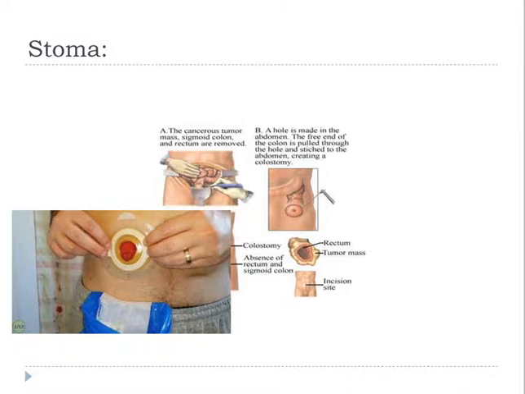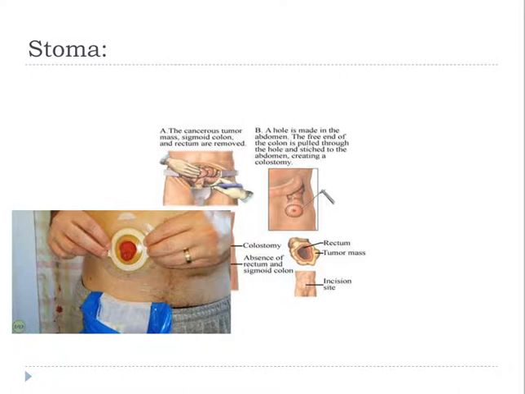The amount of output depends on the patient and the location of the ostomy. Obviously, the further along in the digestive tract, the more moisture is removed, and so you'll have a smaller output typically. And then, yeah, it should look nice in a beefy red color and kind of moist.